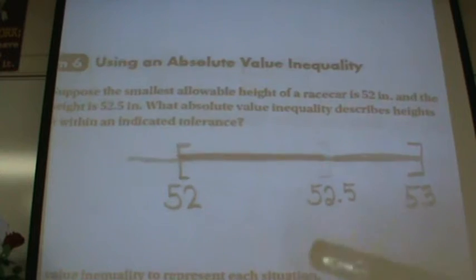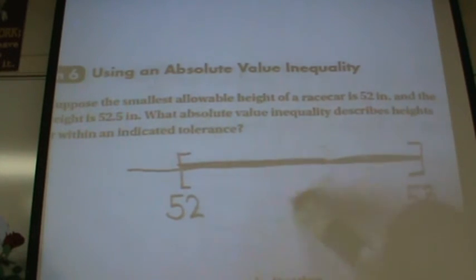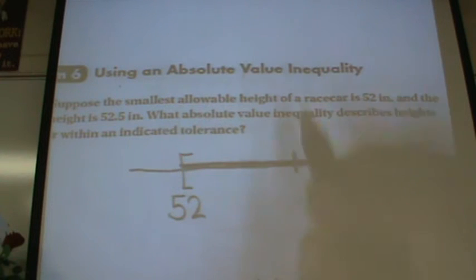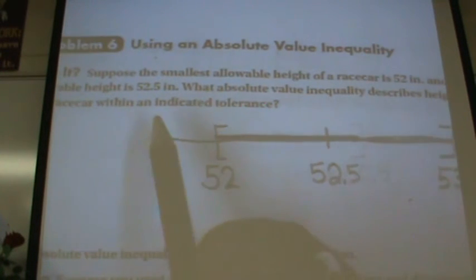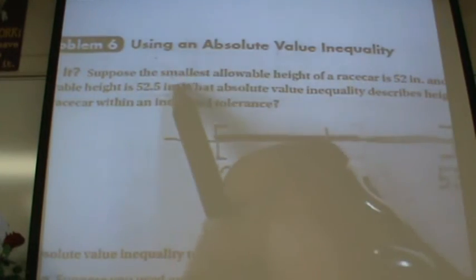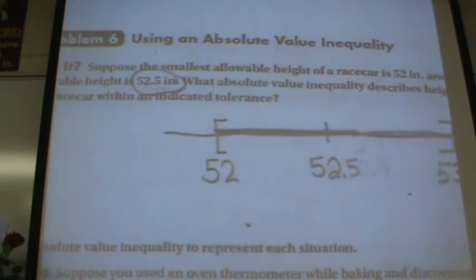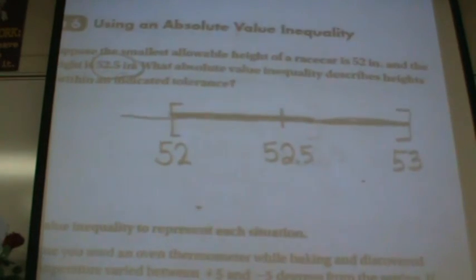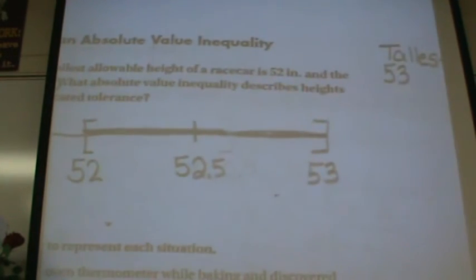The tallest you could be is 53. So what would be the halfway number? It says the desirable, so we're gonna say the middle is the desirable. Does that make sense? To me, that makes more sense if you say the tallest you could be is 53.